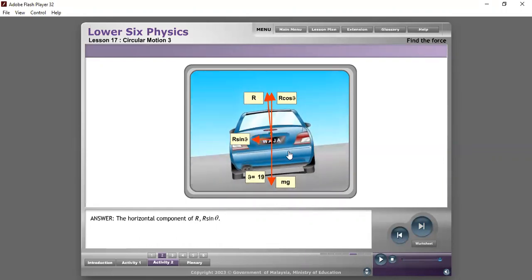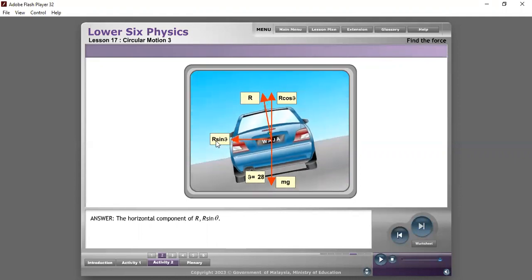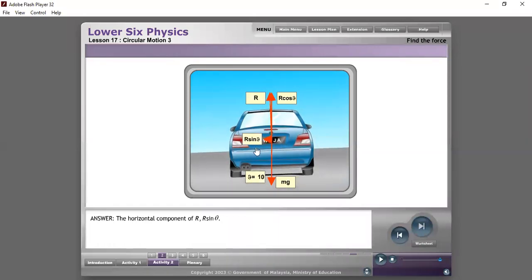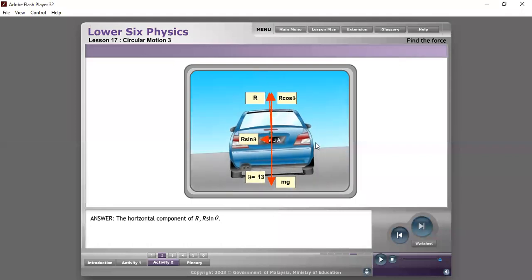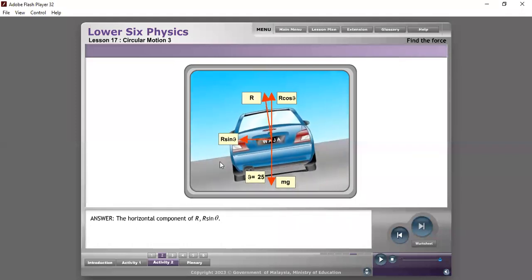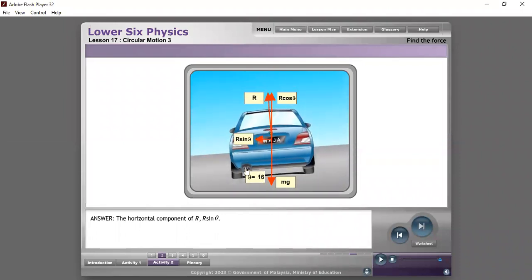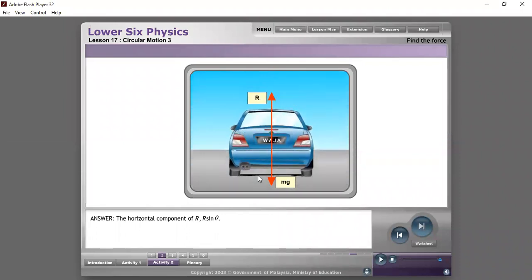That means if the car is turning with an angle of 26 degree incline, there will be another force. If the road is inclined at a certain angle, it will provide an R sin delta.